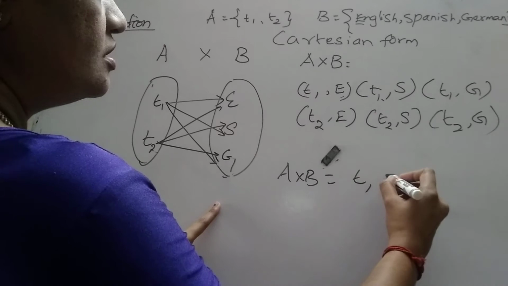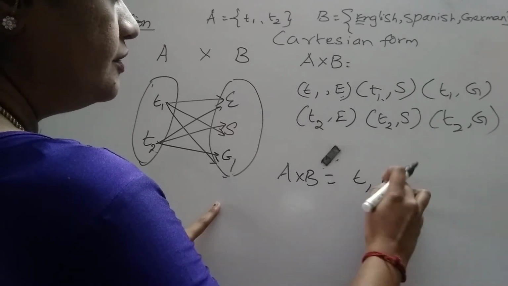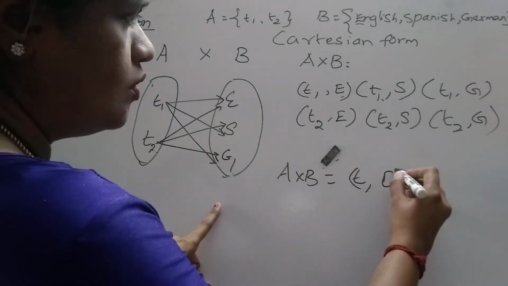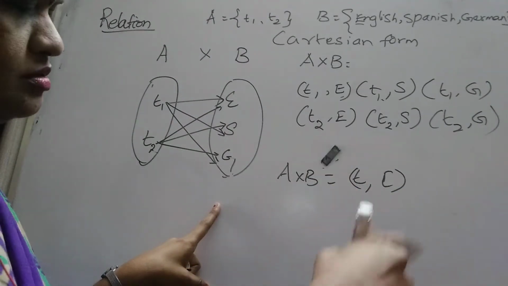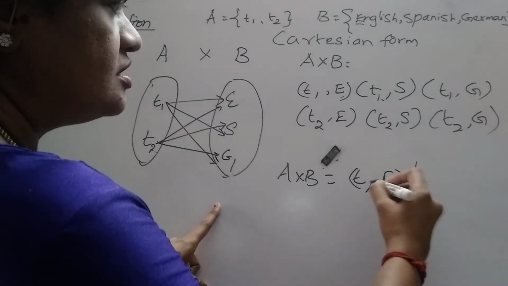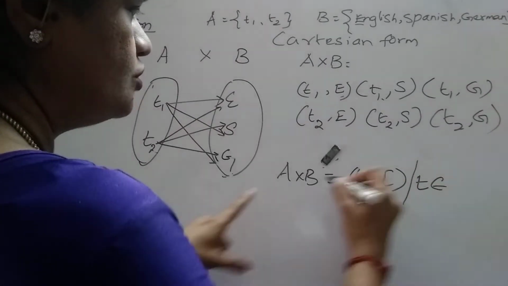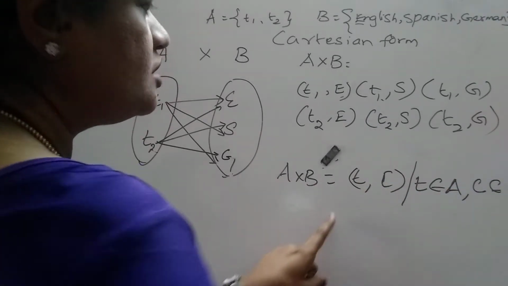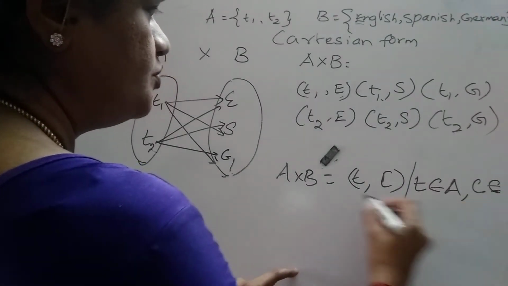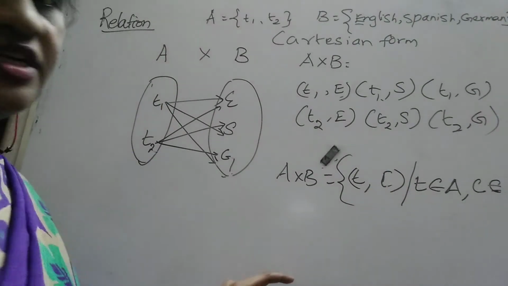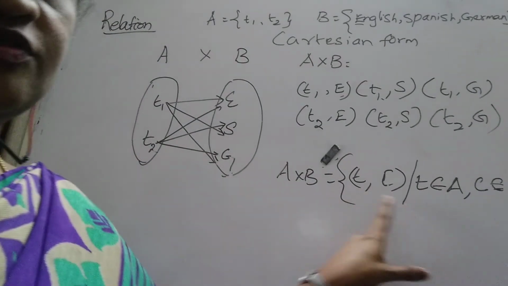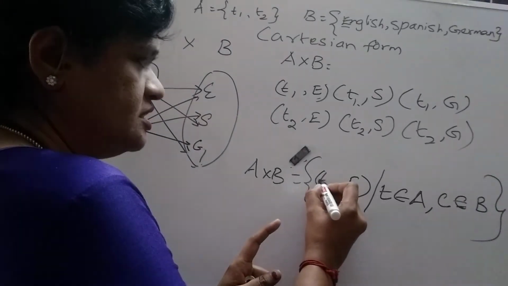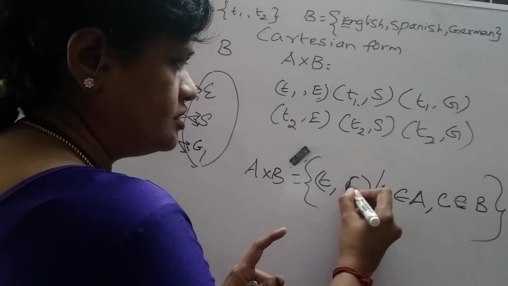In general you take T for teachers and C for courses. Write them as ordered pairs inside brackets, T comma C. T belongs to the first set A, and C, the courses, belongs to the second set B. Written inside the set using the set symbol, this is the set builder form. The first element is a teacher and the second is a course.